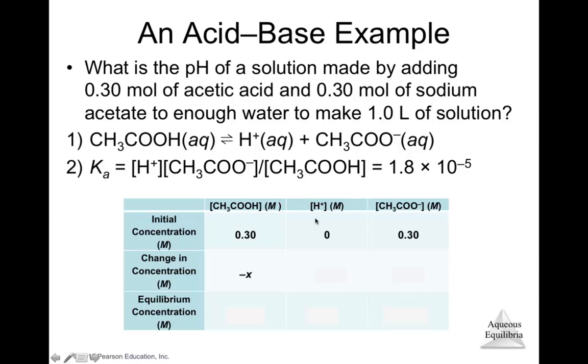For H positive, the concentration of proton will be plus X, as well as for the acetate. That means that at equilibrium, the concentration of the acetic acid will be 0.3 minus X, the concentration of the proton will be X, and the concentration of the acetate will be 0.3 plus X. So now we can use these expressions and substitute in this Ka to determine the concentration of H. And that's what we're going to do in our next slide.